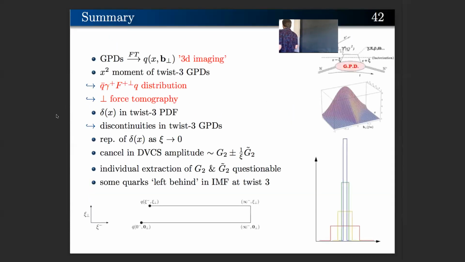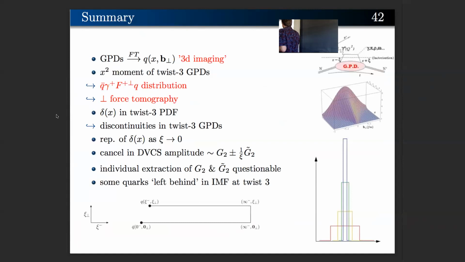And I should stop at this point here. So I've talked about twist-3 GPDs, and one of the motivations that I gave you is transverse force tomography. The twist-3 GPDs and PDFs exhibit properties that we're not used to from twist-2.